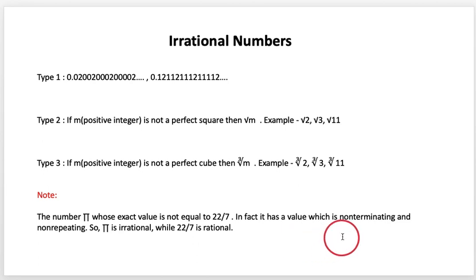So if a number is non-terminating and non-repeating, then it is what? Irrational. So pi is what? Irrational. But 22/7 is what? Rational. Do you know why? Because if you divide 22/7, you will get a non-terminating but repeating number. Okay?